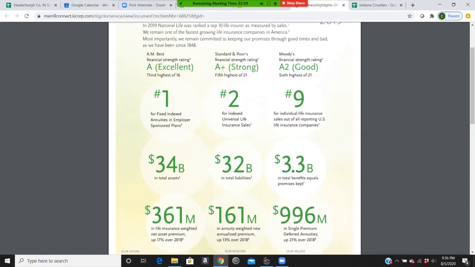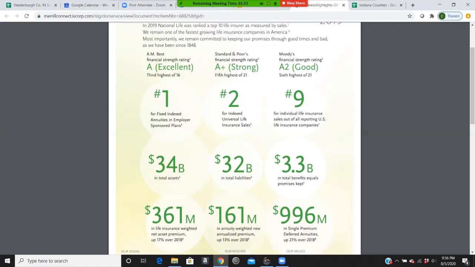As you can see, A ratings from all the biggest financial rating systems: AM Best, they have an A excellent rating. S&P, an A plus strong rating, and from Moody's, an A2 rating, which is good. They're the #1 fixed index annuity, employee sponsored plan seller in the country.